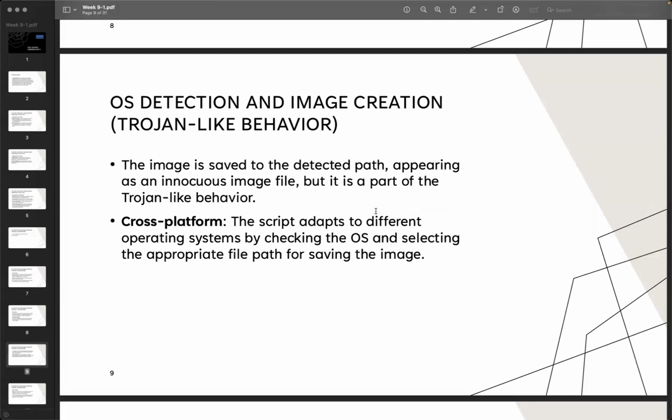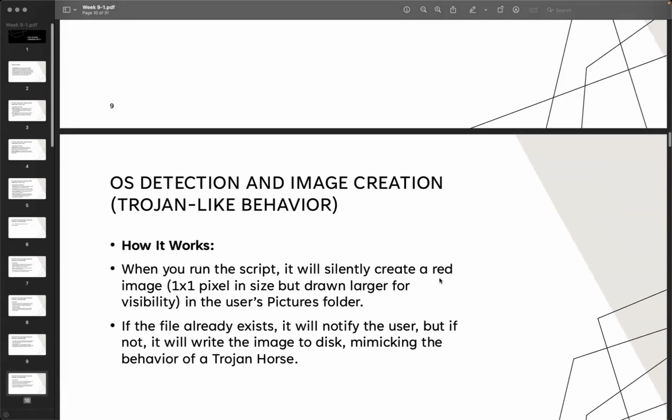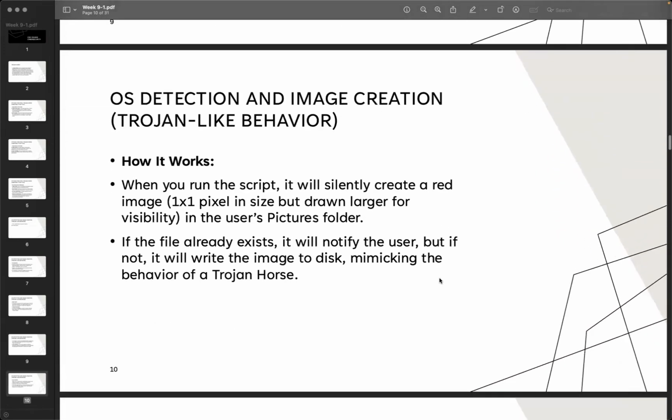Also, when the image is saved to the location, we say it's cross platform, so it's important to check what the operating system is. You can see how they actually work and what the behavior is. Basically, when you run the script, it silently creates a red image under your Documents folder, under your profile.